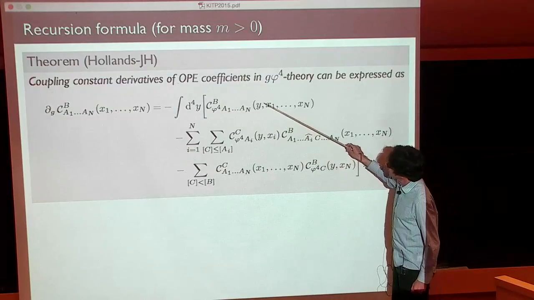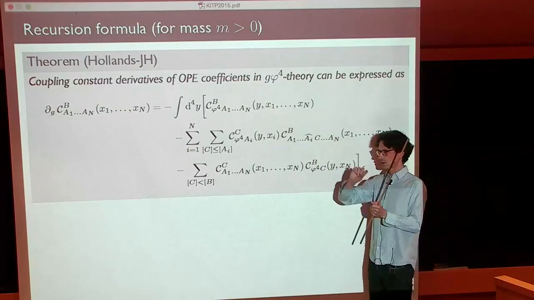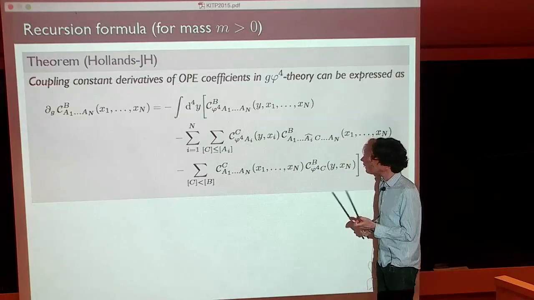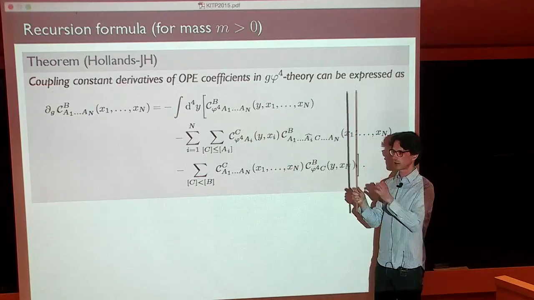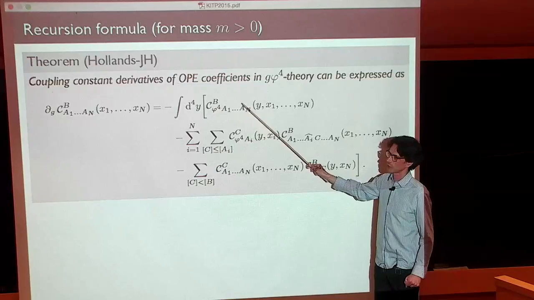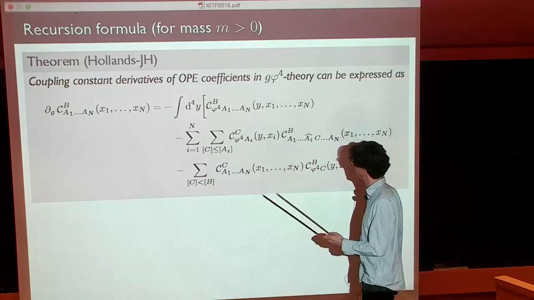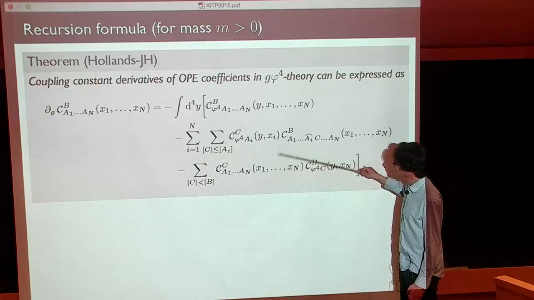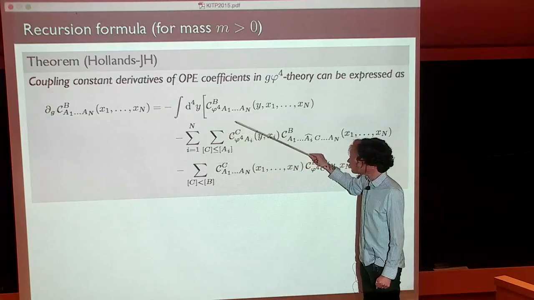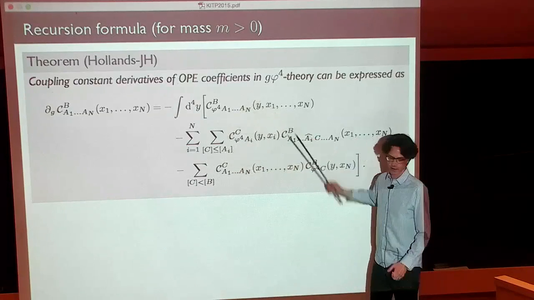But if you were to integrate over the position of this insertion, you'd get a bad divergence, because you have phi to the 4, and the A's can have arbitrarily high dimension. So that cannot be the only term. It turns out there are a couple of other terms that are there anyway, which precisely cancel this divergence.